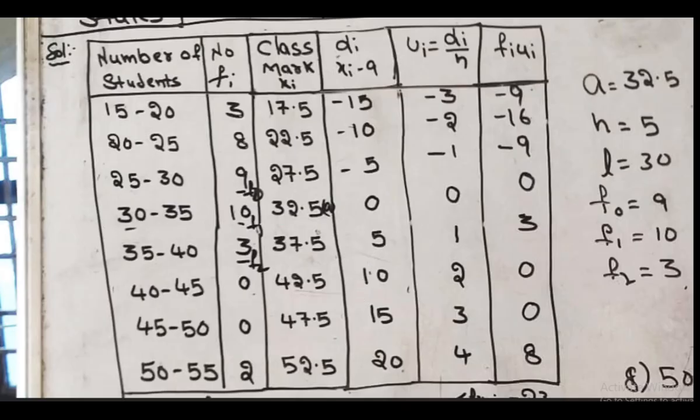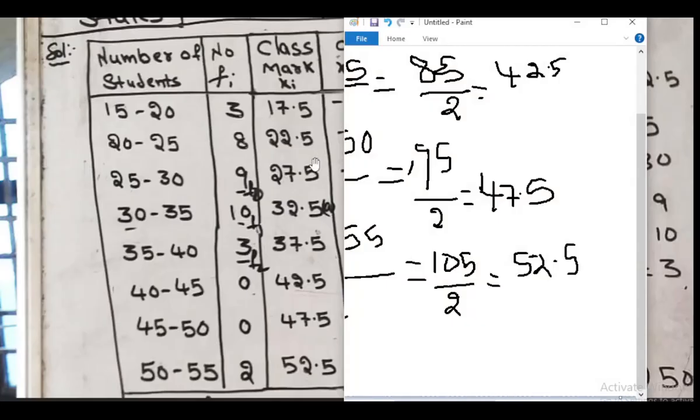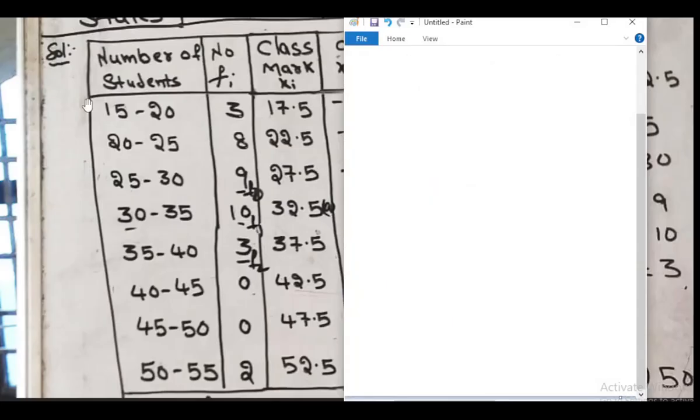So, the process: D is equal to xi minus assumed mean.